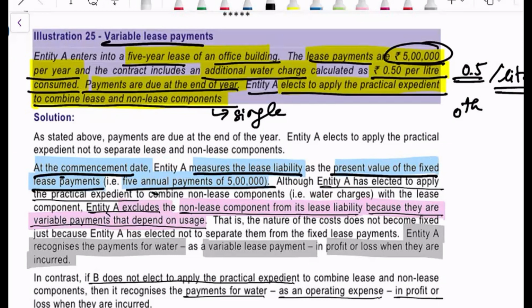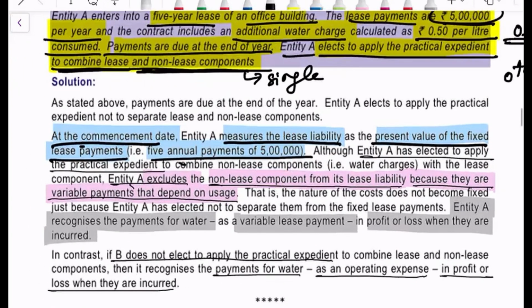But when we are talking about this exception, to combine lease and non-lease payment, there is a very important point that this question is trying to tell you.